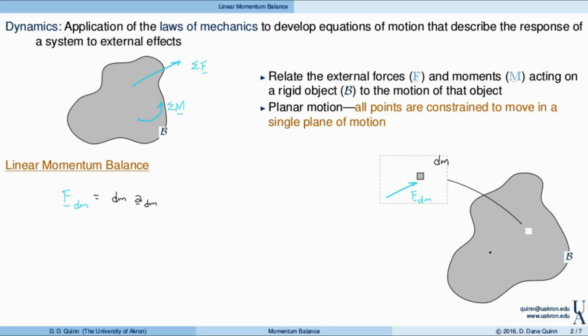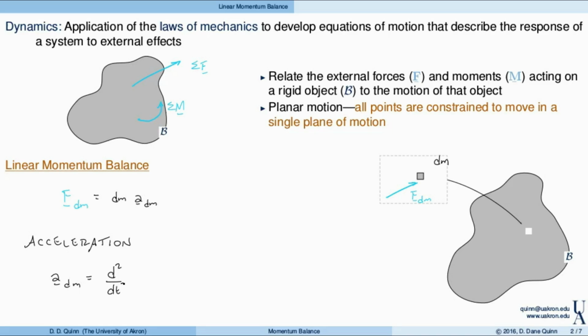So now, in terms of the object itself, recalling our discussions on planar kinematics, we can write the acceleration in terms of the motion of the object and the relative position of dm in terms of that object. Here, the acceleration of dm is defined as the second derivative of some position vector.